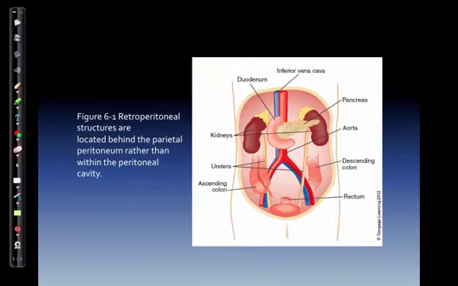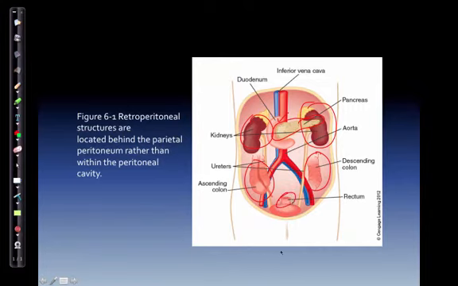This is figure 6.1 in your book, retroperitoneal structures that are located behind the parietal peritoneum rather than within the peritoneal cavity. We have various structures here, like a section of the duodenum, kidneys, pancreas, some of the colon, and some of the descending colon and the rectum, all in the retroperitoneal area.